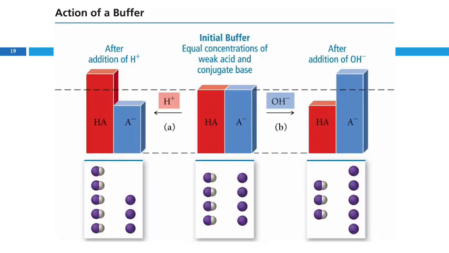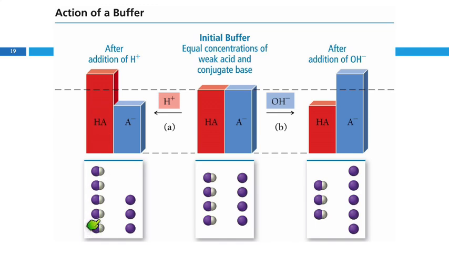So here is an interesting figure. In the middle here, we have our initial buffer. We have equal concentrations of HA and A minus, and they're represented as a bar graph here and also in pictures. If I add H plus to this, the A minus is going to react with the H plus and make more HA.